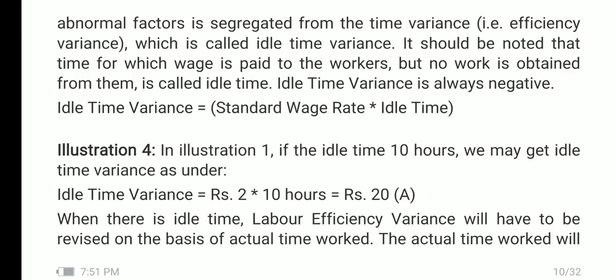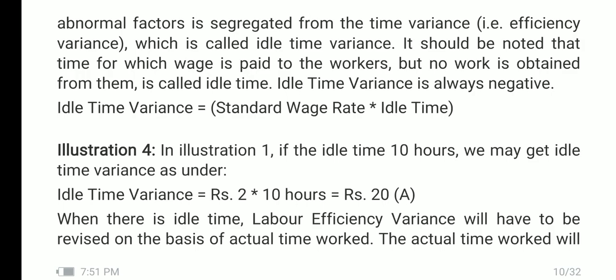Suppose in illustration 1, if the idle time is 10 hours, we may get idle time variance as under. Idle time variance is equal to standard wage rate, rupees 2, into idle time, we have assumed 10 hours. So, 2 into 10 hours will give us rupees 20 adverse.